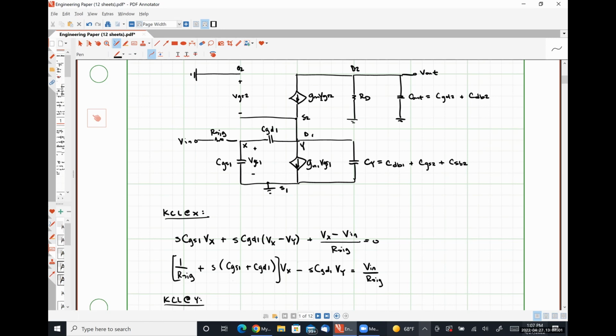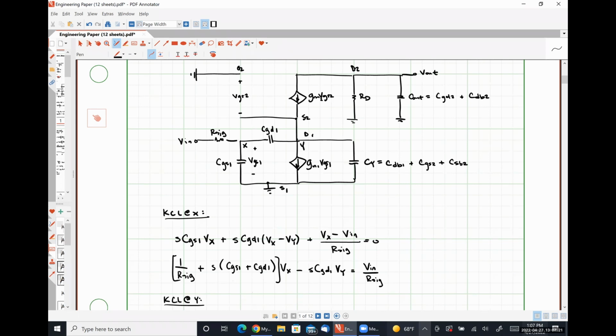Now the question here would be, what would our transfer function between node X and Y be? And this is going to be something that we haven't seen before because we're neglecting the effects of channel length modulation, right? So let's talk our way through that.